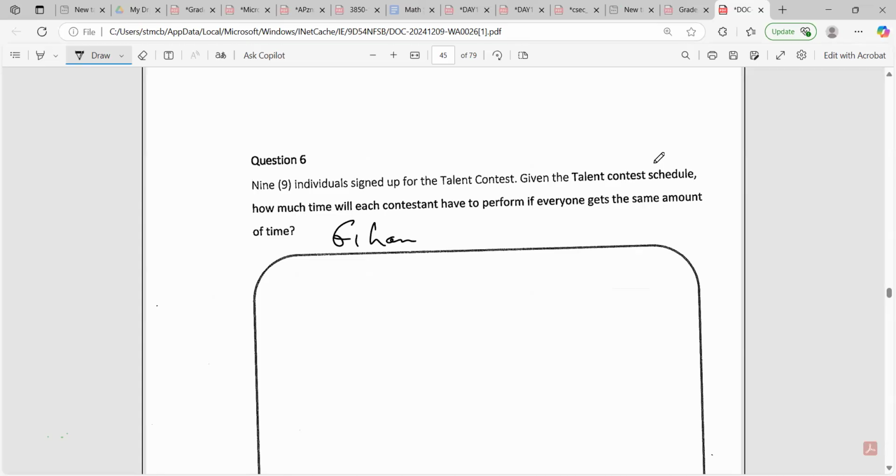All right. So 9 individuals signed up for the talent contest. Given the talent contest schedule, how much time will each contestant have to perform if everyone gets the same amount of time? I love this one.